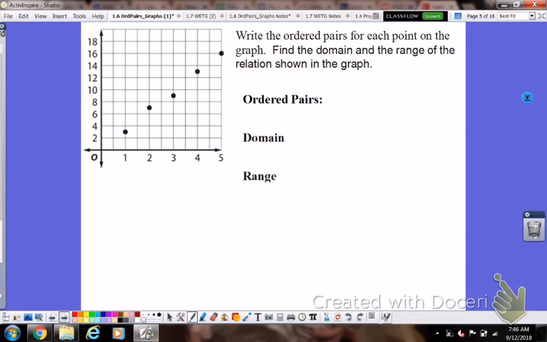Right, now you might need to flip forward again here. We want to write the ordered pairs for each point on the graph, and find the domain and range of the relation shown on the graph. So just like we did, first ordered pair here, we see we went over 1, and then up. Notice this box counts as 2, so if it's halfway between, that's going to be 3.